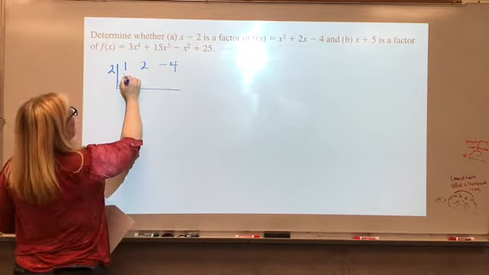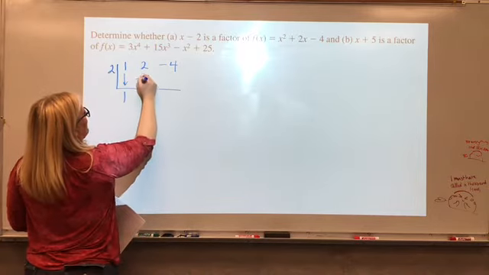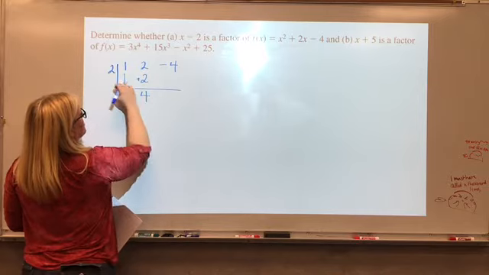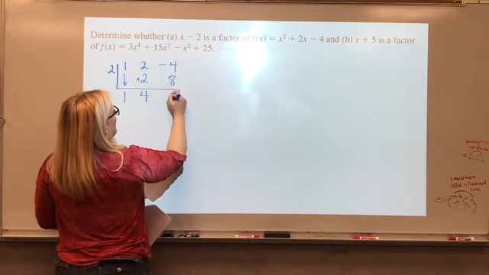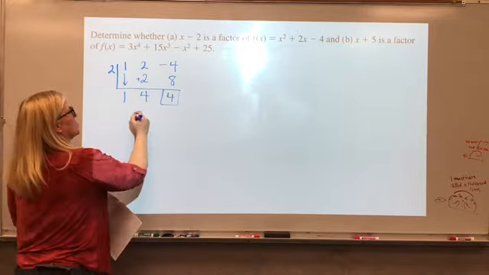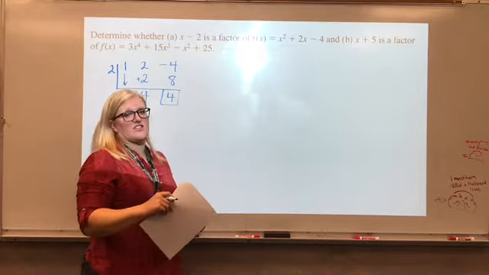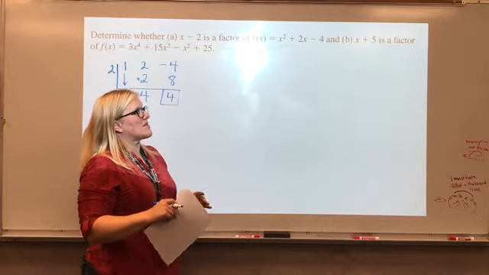Drop the 1. 2 times 1 is 2. Add those together and get 4. 2 times 4 is 8, and this is 4, and that's my remainder. So the answer is no. x minus 2 is not a factor of x squared plus 2x minus 4.